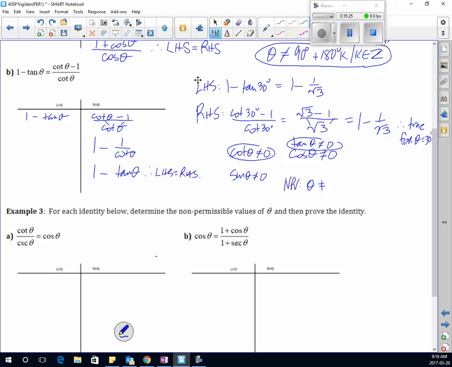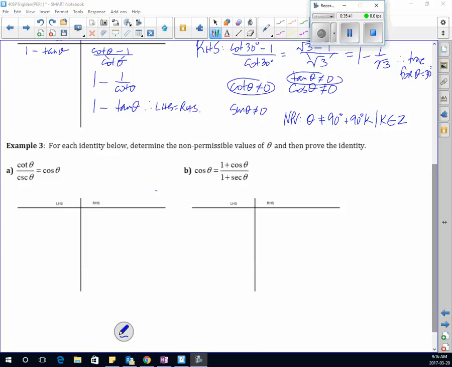So how do we write that? Yes. 90 degrees plus 90 degrees k. Very good, where k is an element of the integers. And if you don't get that, you could just write 0 plus 180. Okay, so 90 plus 90k. Anyways, let's try the next one.